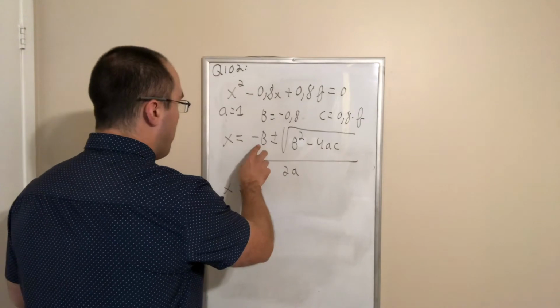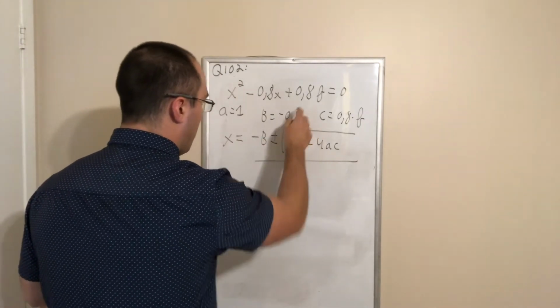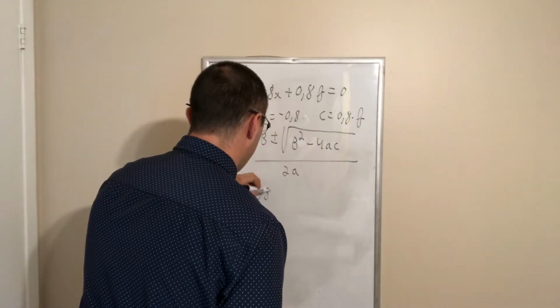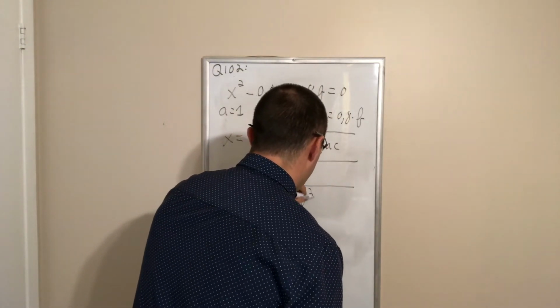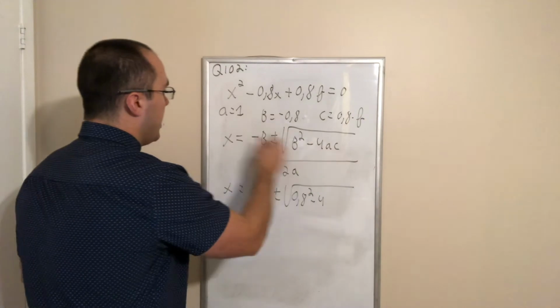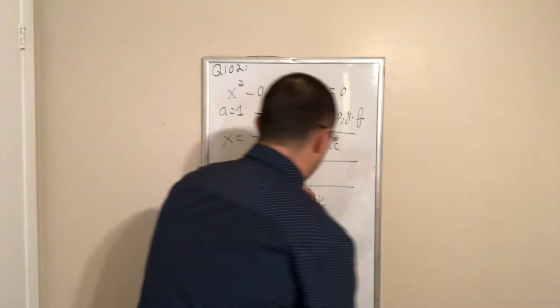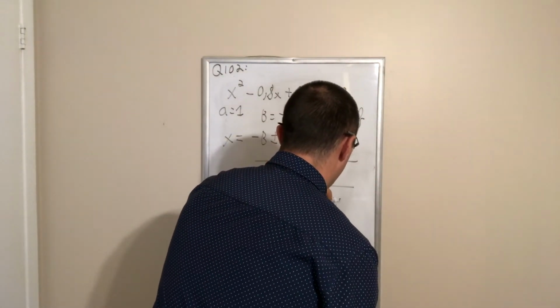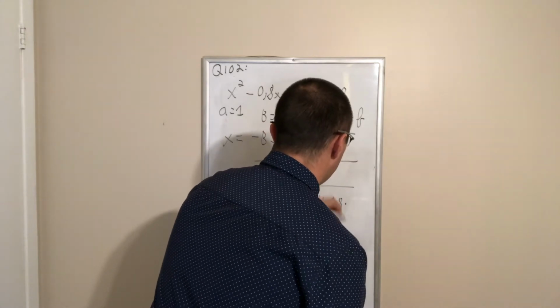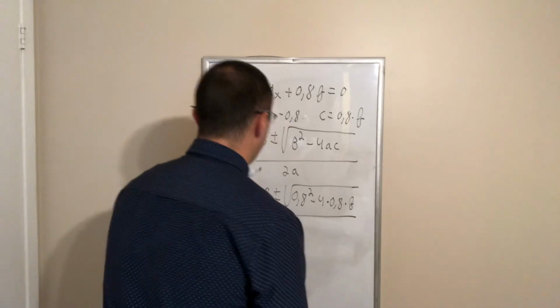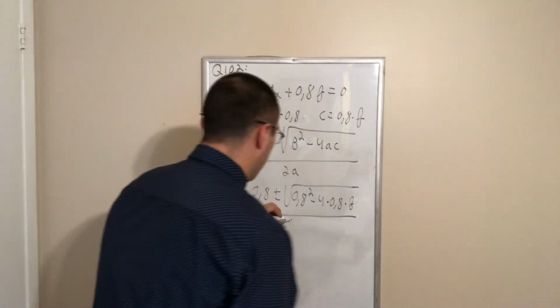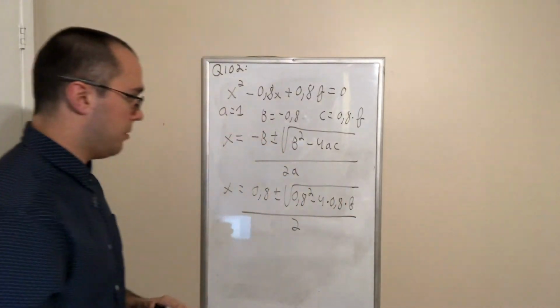We get minus 0.8, so we get 0.8 plus or minus the square root of 0.8 squared minus 4. The a is 1, so let's not write it. It will simplify our life. Multiply by 0.8, multiply by the focal point. Divided by 2 multiplied by a, so we get that formula over here.